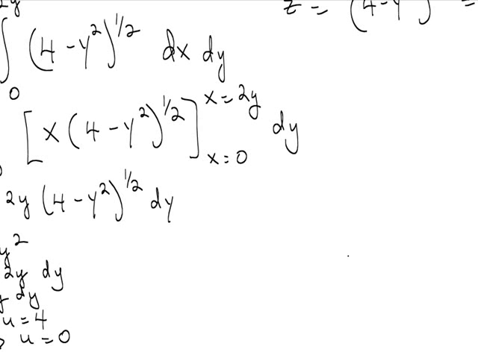Any questions so far? This becomes the integral. Now look at how I'm putting the limits, 4 to 0, because that is how we chose them. And this becomes a minus u to the half du.